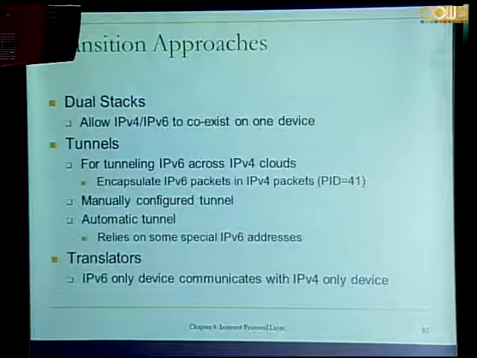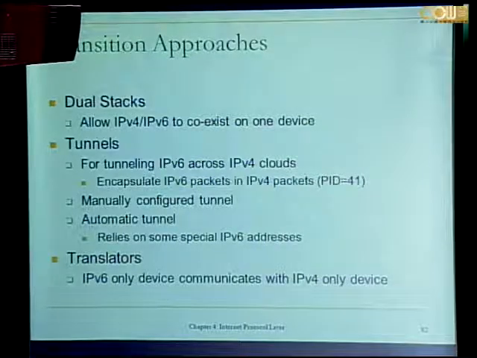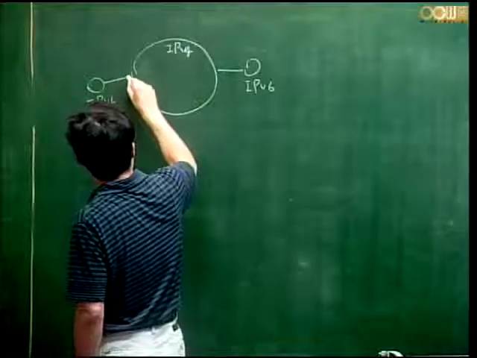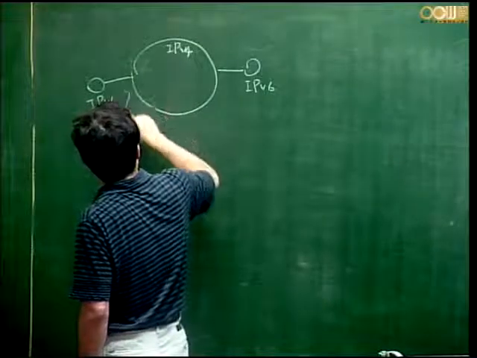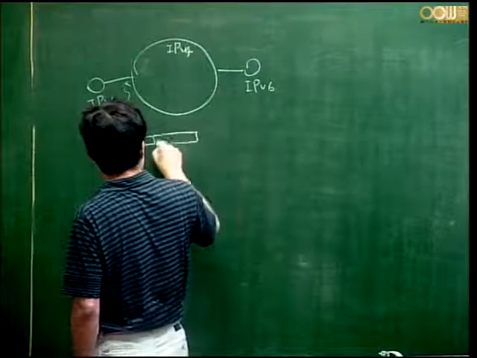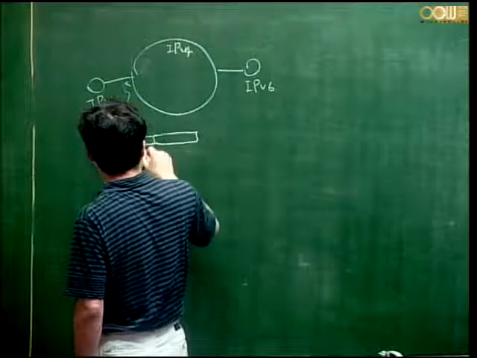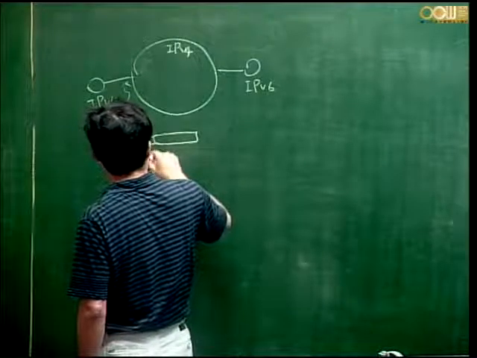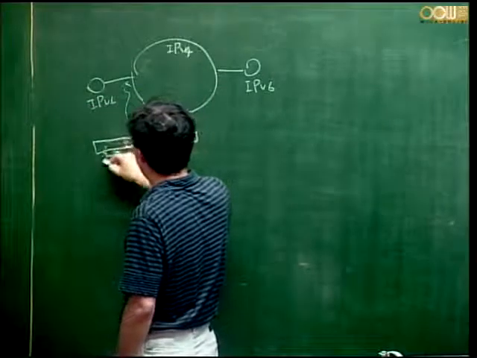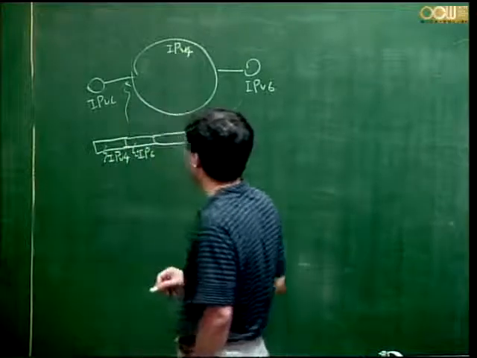This is v6, and you need to traverse a v4 network. Then your packet will be this: this is the IPv4 header, and this is the IPv6 header.